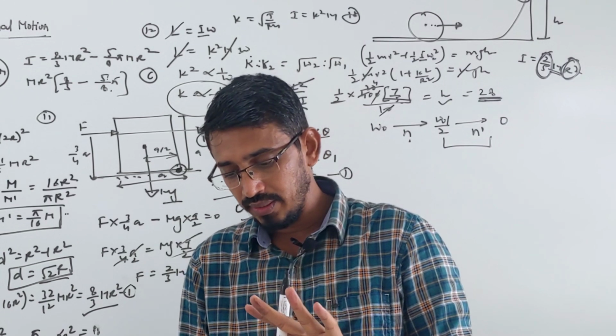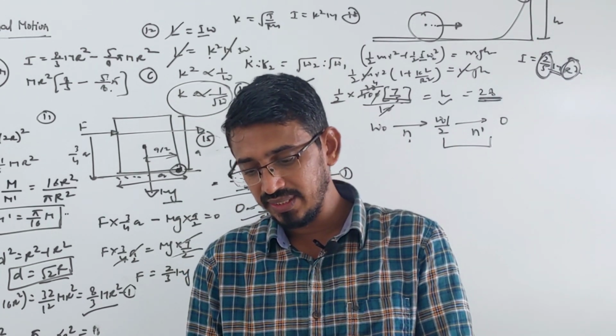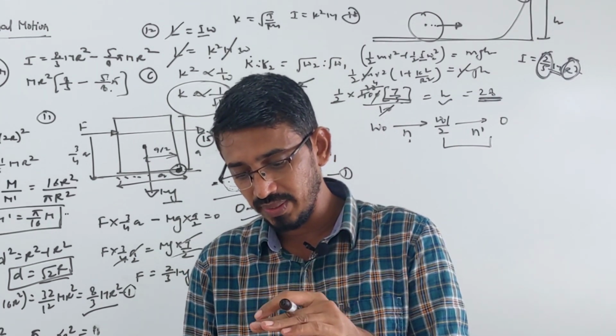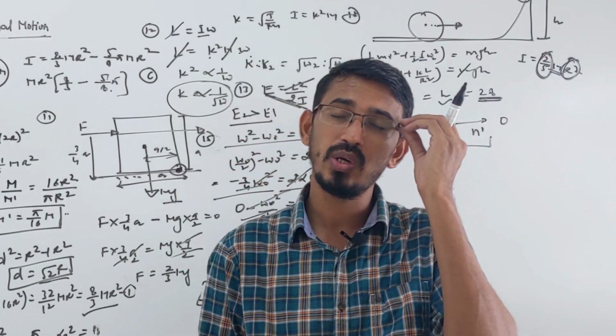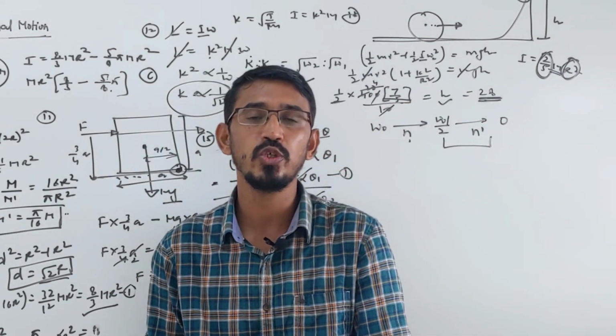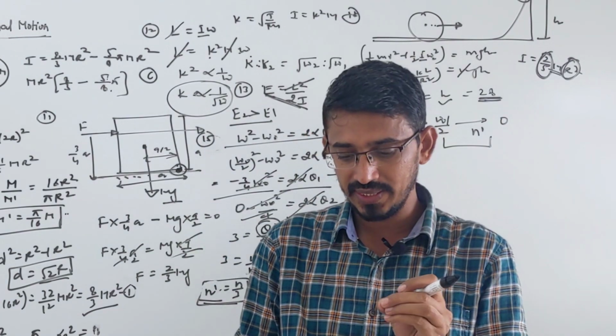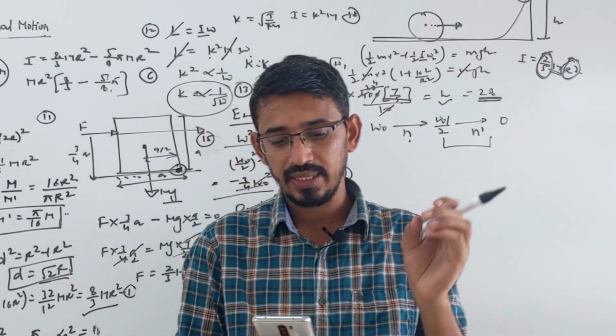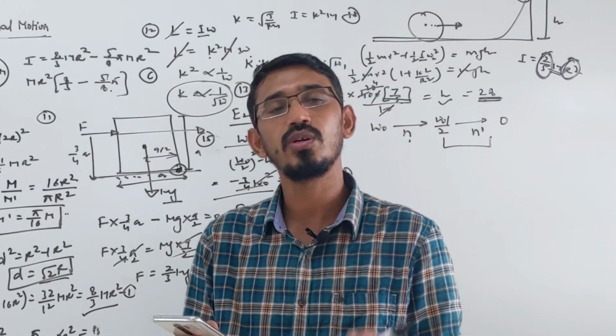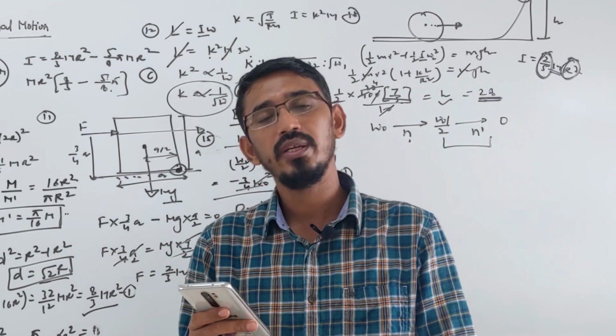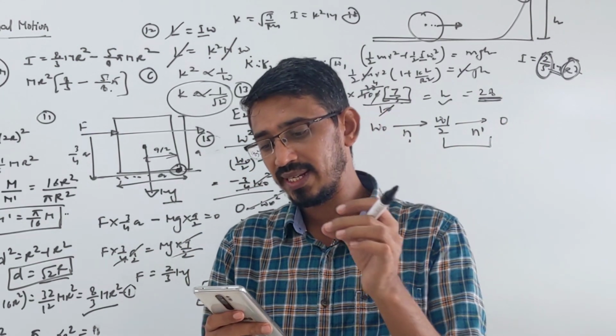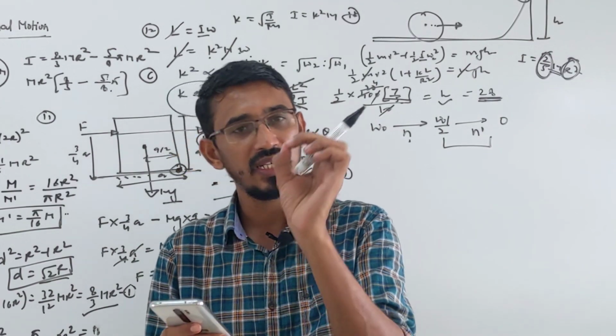Angular momentum is conserved until the net torque acting should be 0. That should be the correct answer here. Third option, that angular momentum will remain conserved or constant until the net torque is 0, but here they say that the torque acting remains constant, that is a little wrong, okay.